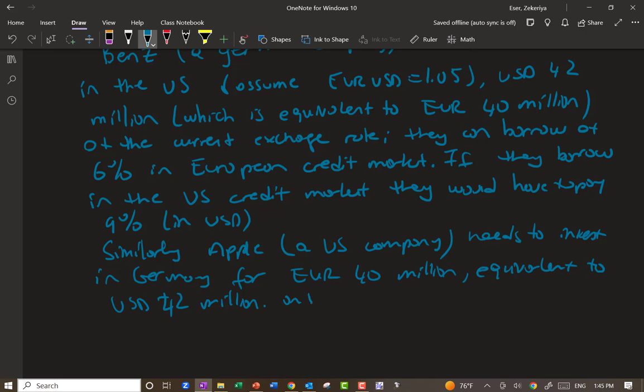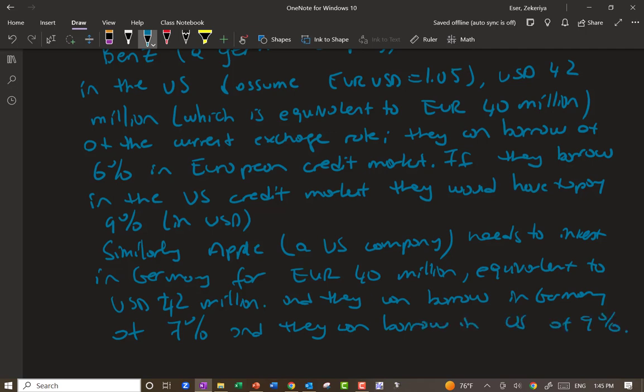And they can borrow in Germany at 7%, and they can borrow in US at 8%.